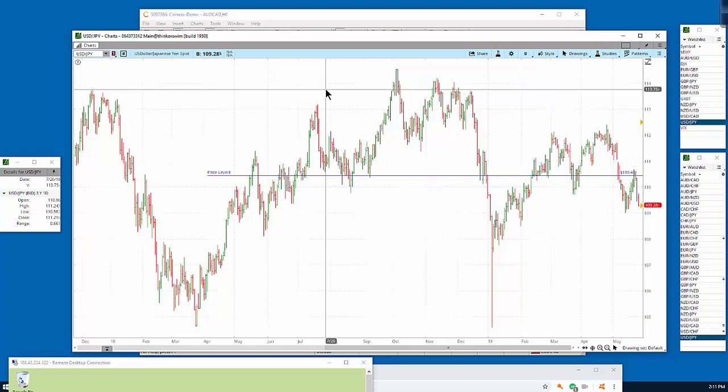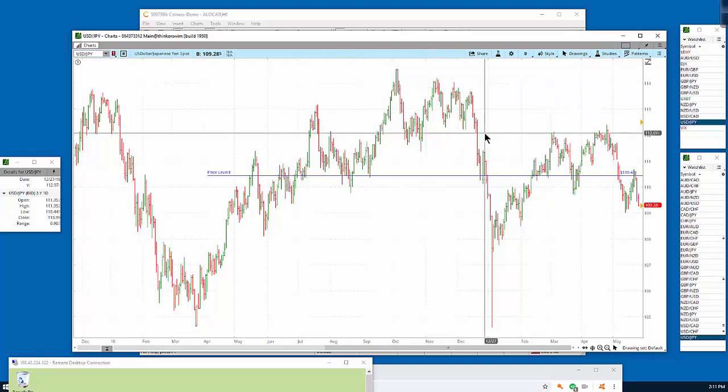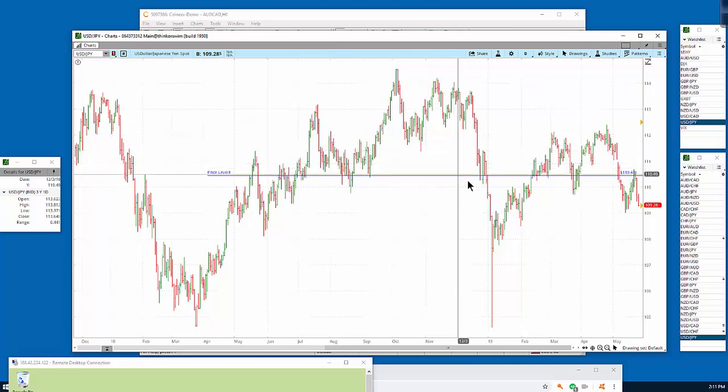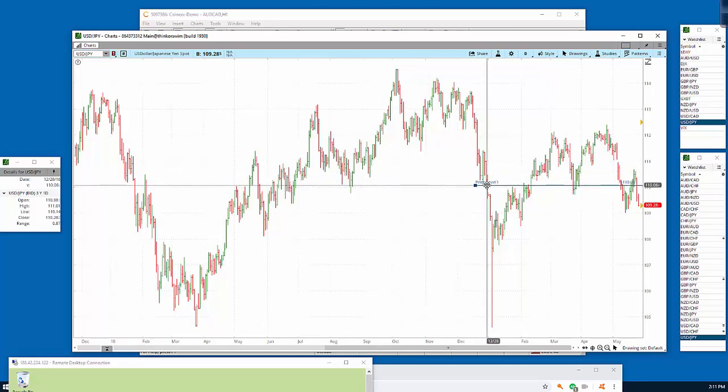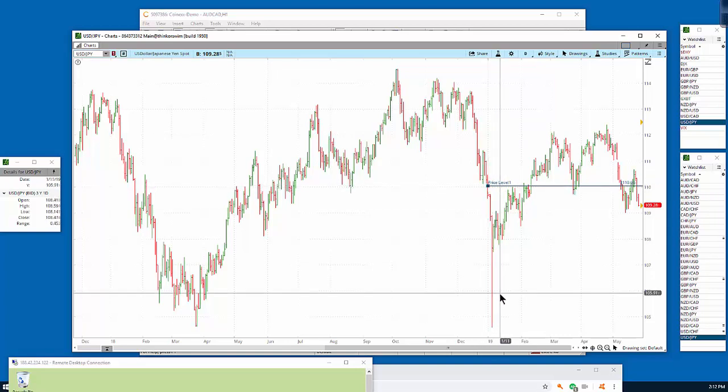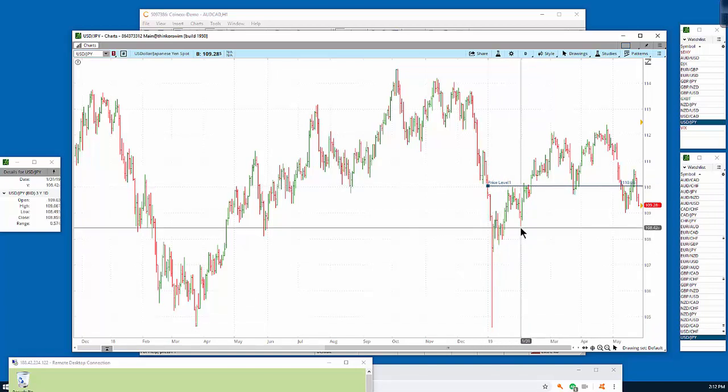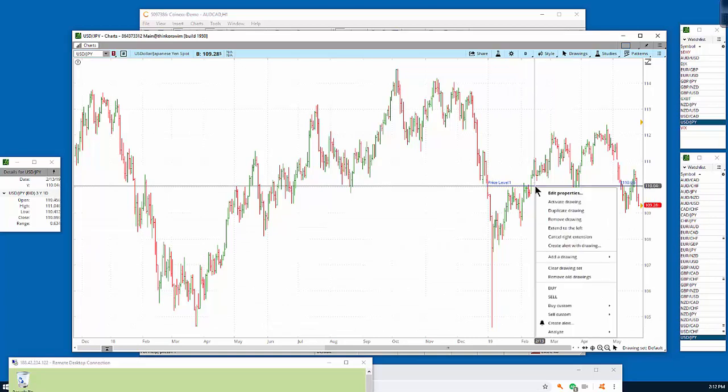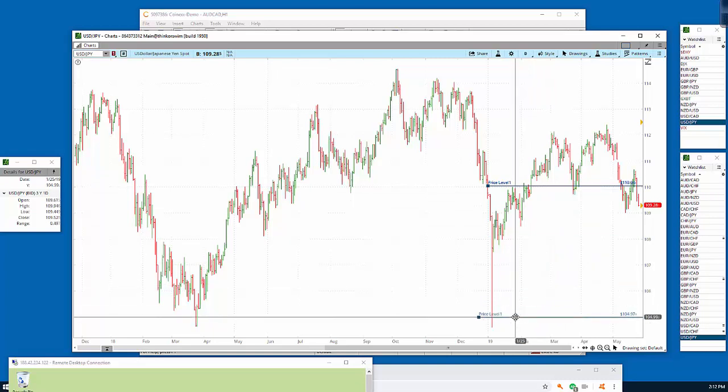So here's what happens with the FIFO rule. Okay, let's say that you did a buy trade, and this time, let's say that this price was coming down and you did a buy trade right here, right on this bar. Okay, and then the price took this big dump and your buy trade was super ugly, but you knew from all the technicals and everything else that it was time to do another buy trade.